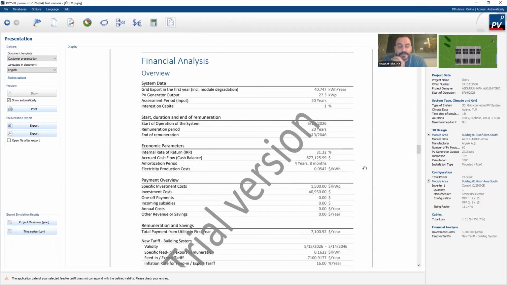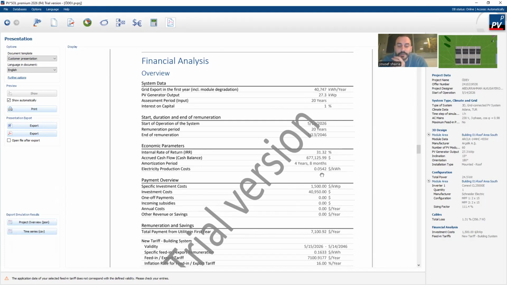The amortization period, meaning the time to fully recover the initial investments, is only 4 years and 8 months. The electricity production cost is just $0.0542 per kilowatt hour, which is significantly lower than the grid tariff.